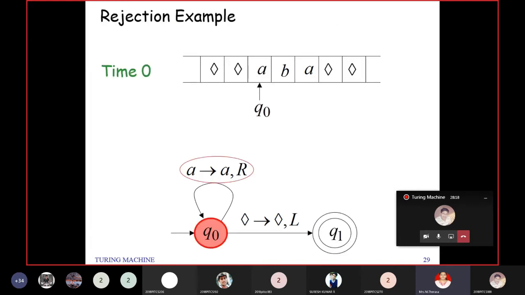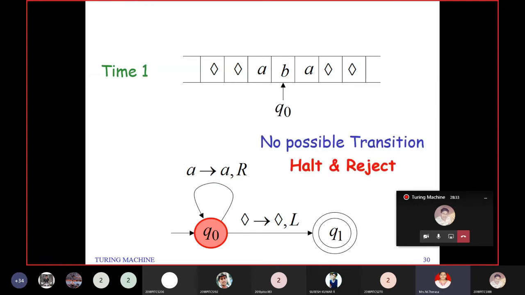Okay. Then we'll see the example for rejection. Suppose you have A, B, A as an input string. Initially, Q naught is the initial state and it is pointing to A. So Q naught comma A, you have to move forward. Then Q naught comma B, but for Q naught comma B, there is no transition mentioned.